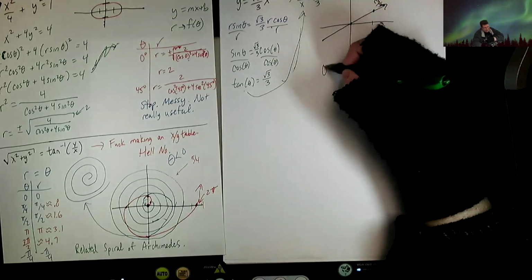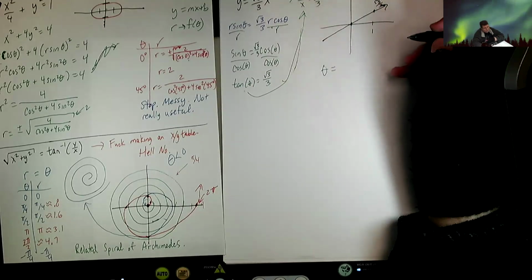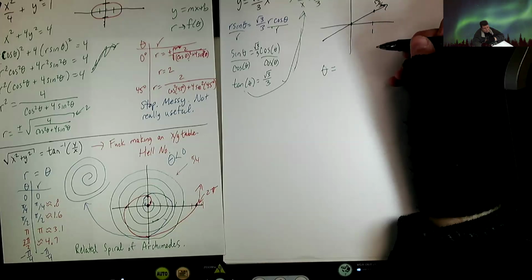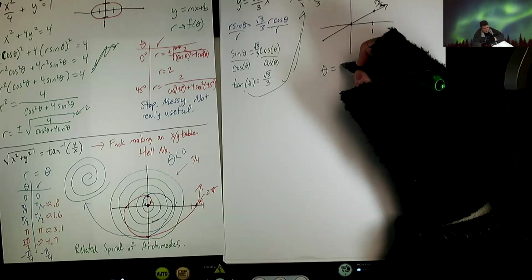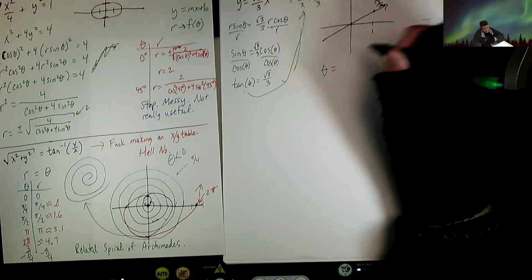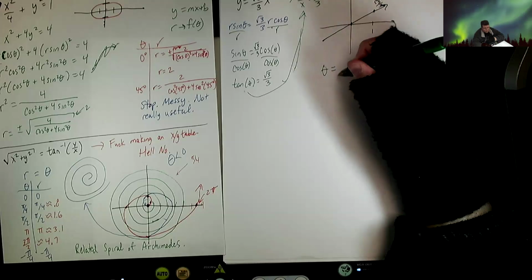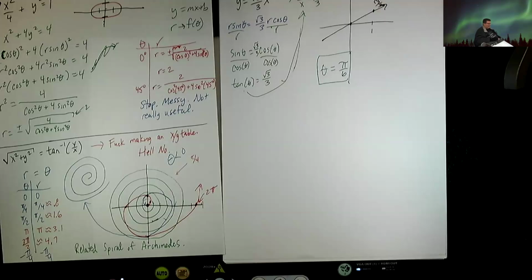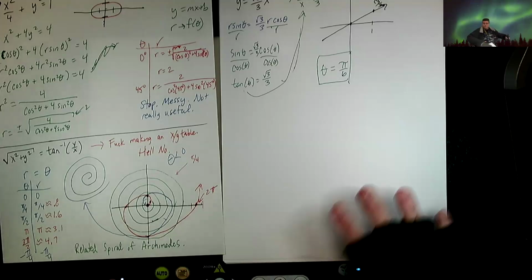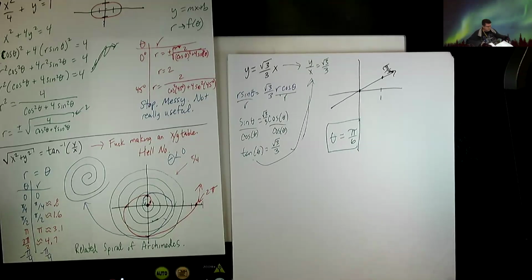But what does that make theta here? Pi/6. The equation of that line is theta equals pi/6. No. Yes, of course.